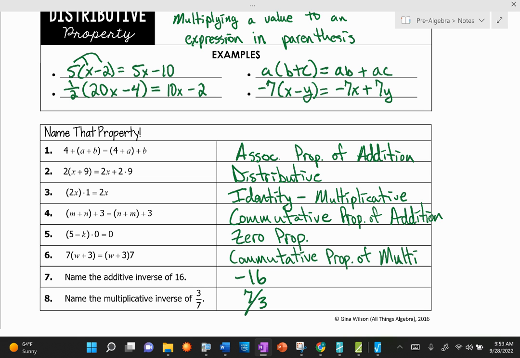One side. Make sure you read the directions. The first half just says name the property. It's showing you one. All you have to do is name it. The second half is just finish out the example based on the property that it gives you.